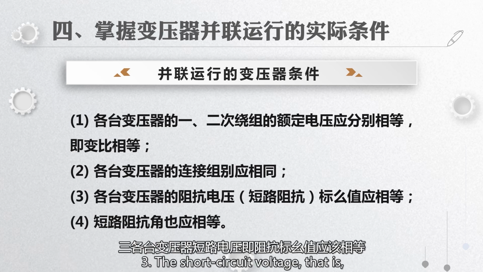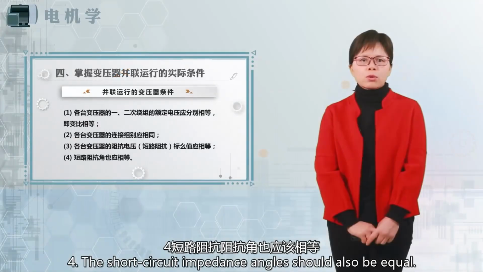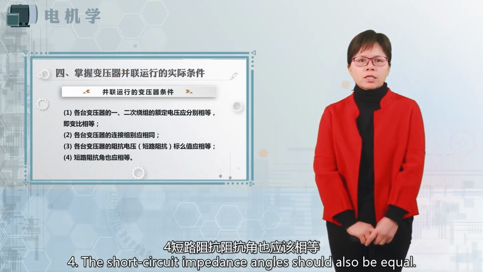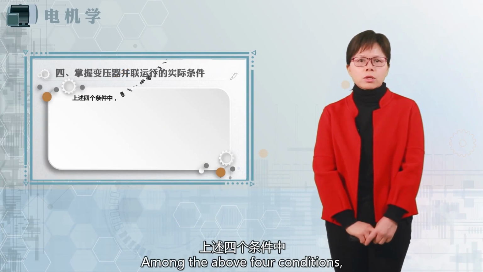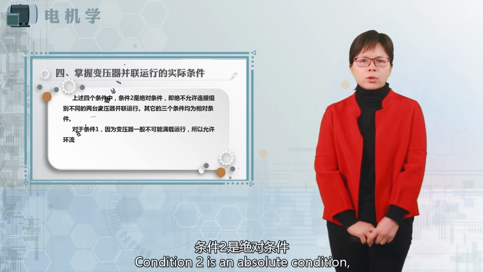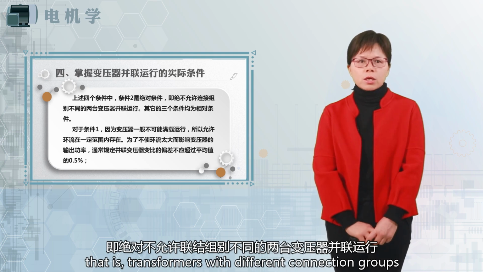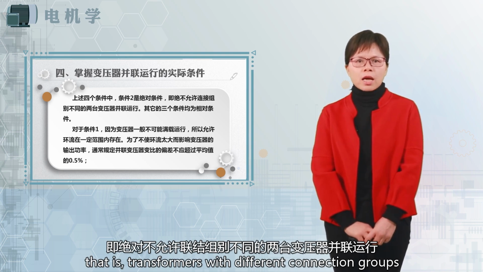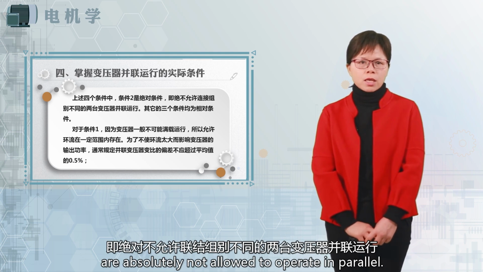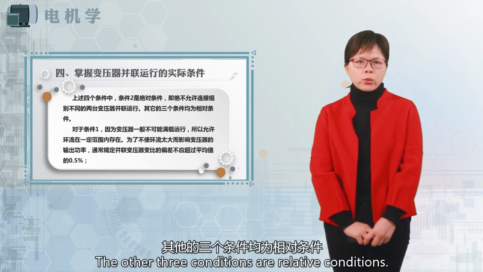The short circuit voltage, that is, the per unit values of the impedance of the transformers, should be equal. 4. The short circuit impedance angles should also be equal. Among the above 4 conditions, condition 2 is an absolute condition. That is, transformers with different connection groups are absolutely not allowed to operate in parallel. The other 3 conditions are relative conditions.